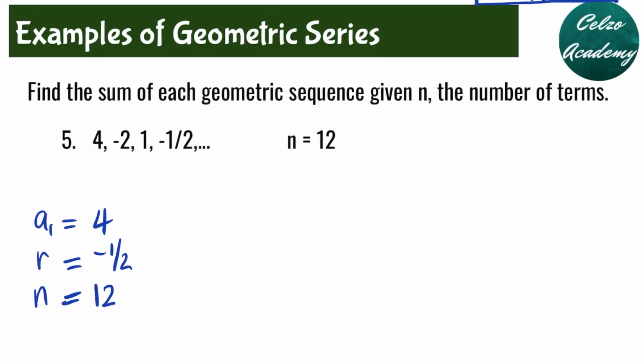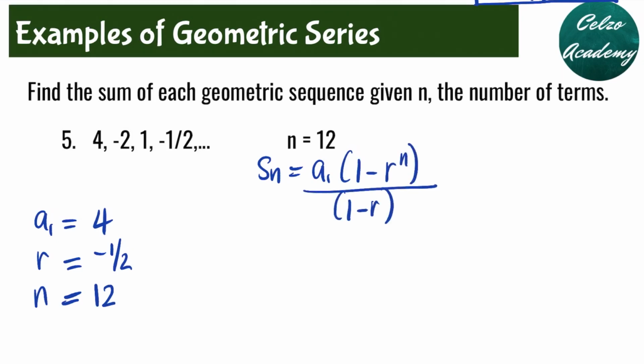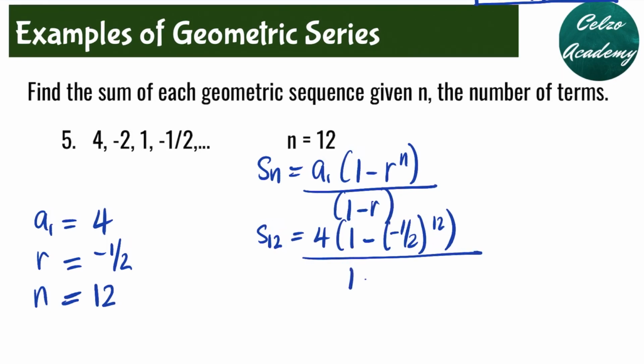Since n is equal to 12, this means we need to find the sum of the first 12 terms of this geometric sequence. We will use the formula S of n is equal to a sub 1 times 1 minus r to the n all over 1 minus r. n is 12, so we will have S sub 12 is equal to a sub 1 is 4, 1 minus -1 half to the power of 12 all over 1 minus -1 half, so that is plus 1 half.